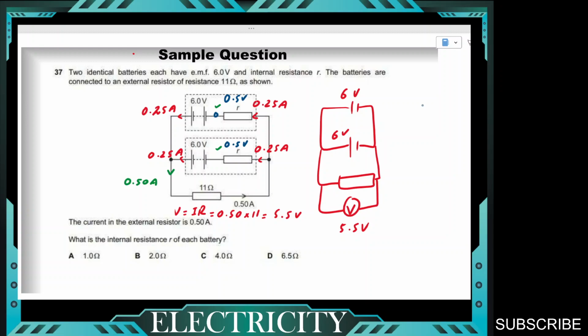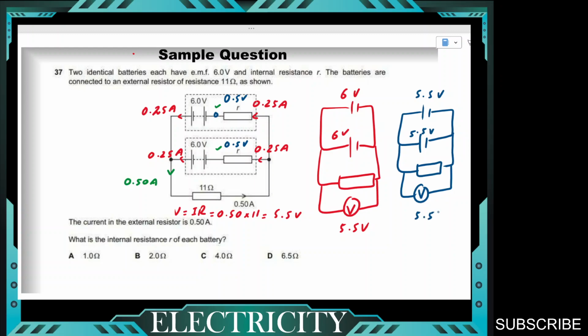So in reality, you have this thing. So it was not 6 volts in the first place. The voltage that you were getting from the battery was only 5.5 volts. And thereby, the voltage across the resistor would be 5.5 volts.